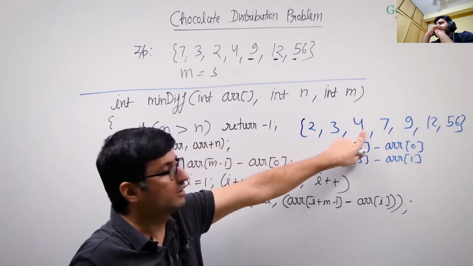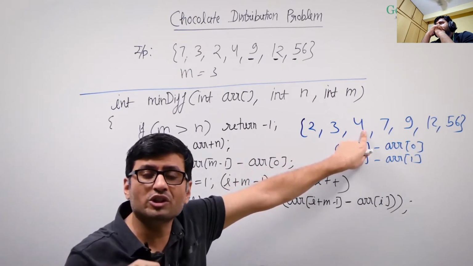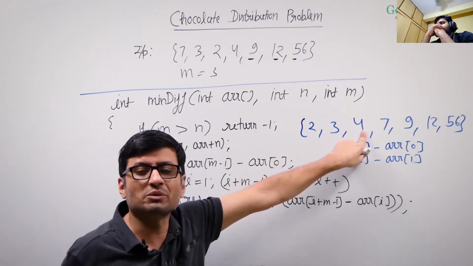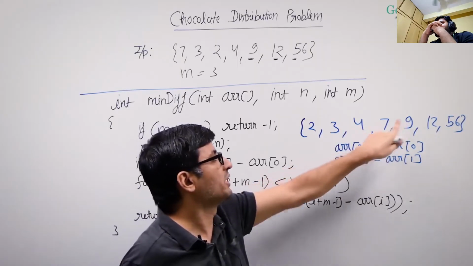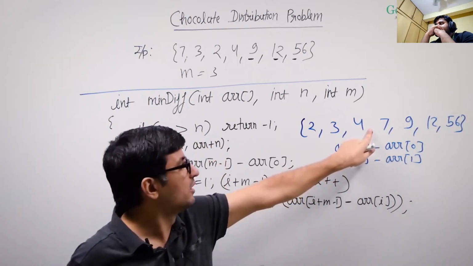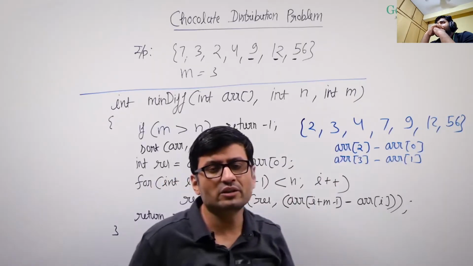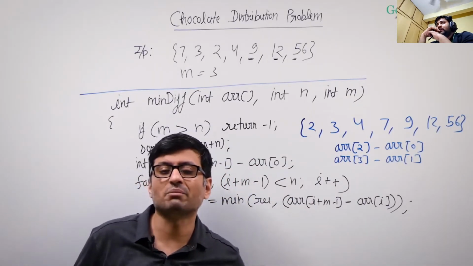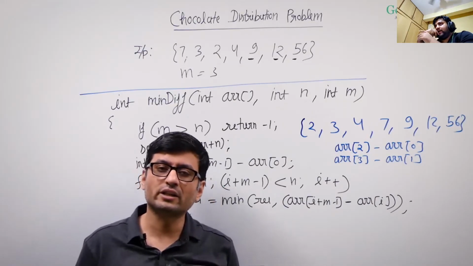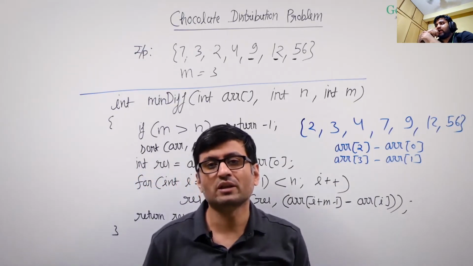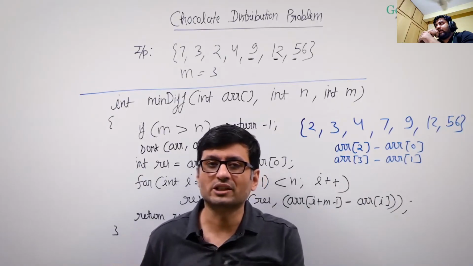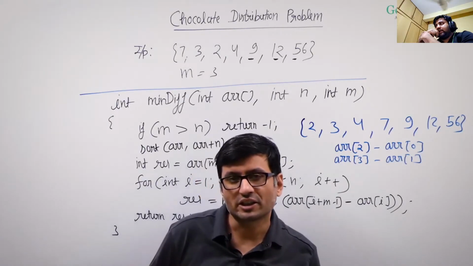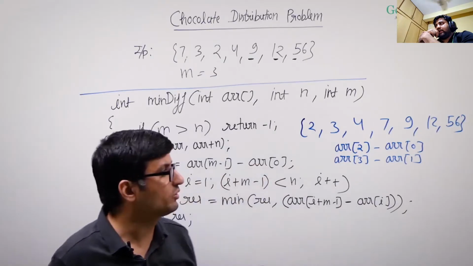For the set where 4 is the minimum element, what is the minimum possible difference? 9 minus 4, 5. So for every element, you just need to go to array I plus m minus 1. For array I, you need to find the difference between array I plus m minus 1 minus array I, after sorting. That's all you need to do.